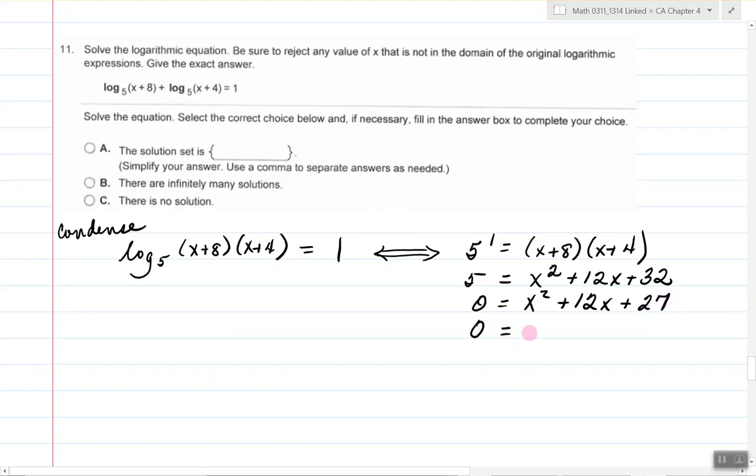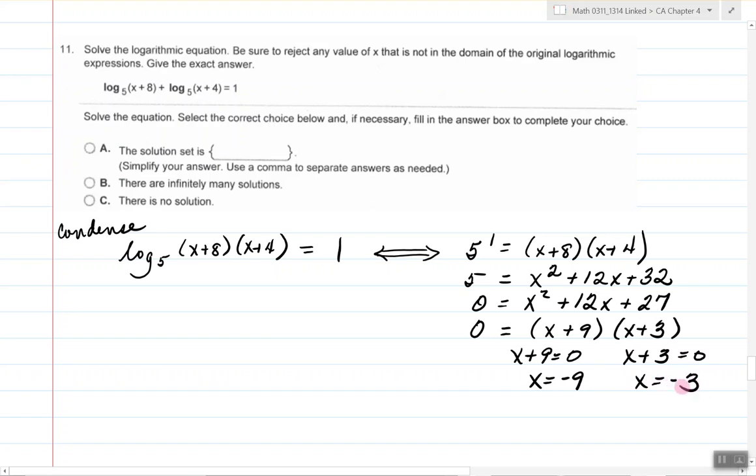That is factorable. If it were not factorable, I would use the quadratic formula. And I have x plus 9, x plus 3. So if x plus 9 is 0, x is negative 9. And if x plus 3 is 0, x is negative 3.